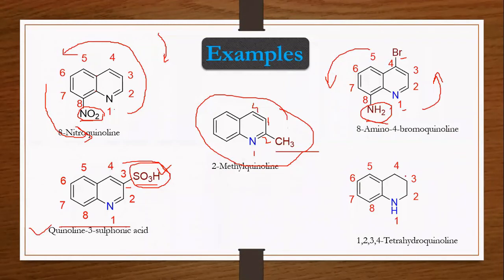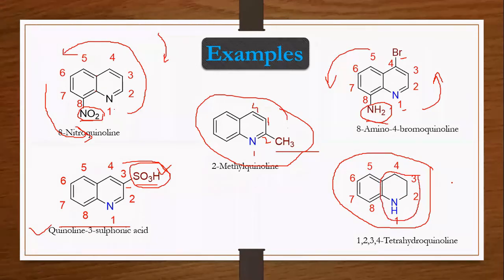Now here, what do you observe? You observe that this molecule is analogous to quinoline, but it does not possess the two double bonds which are present in quinoline, one here and another one here. Means here, this pyridine ring is saturated. Instead of a carbon-carbon double bond, there is the presence of hydrogens.